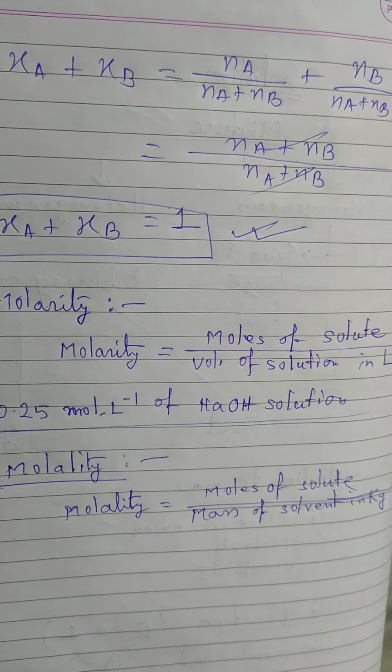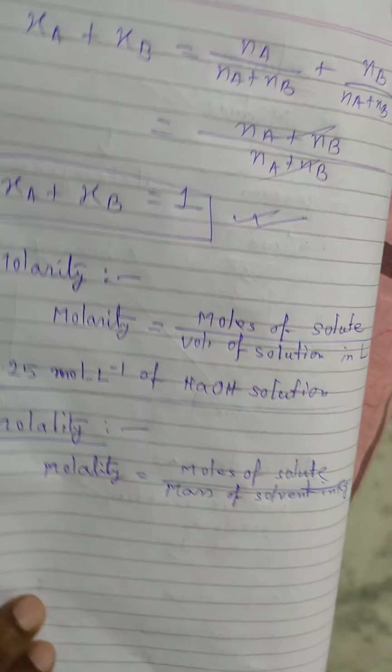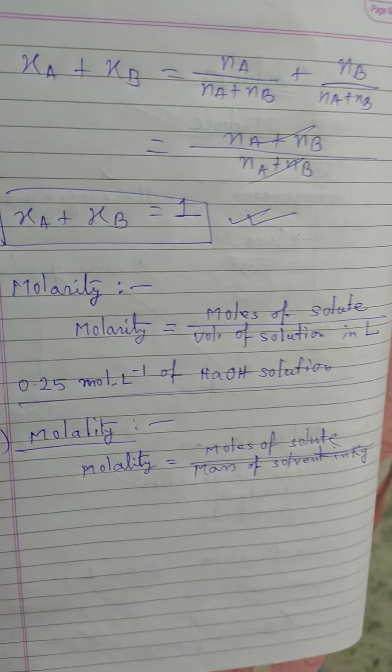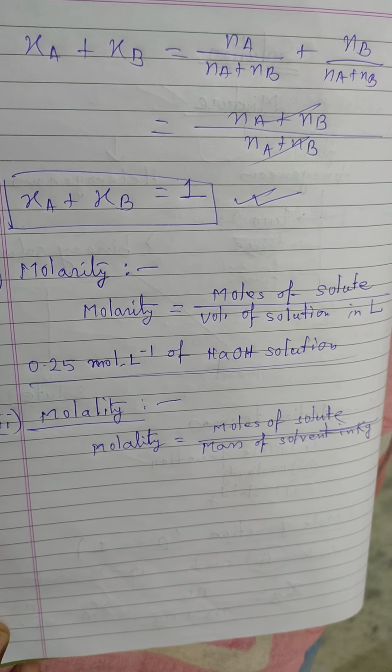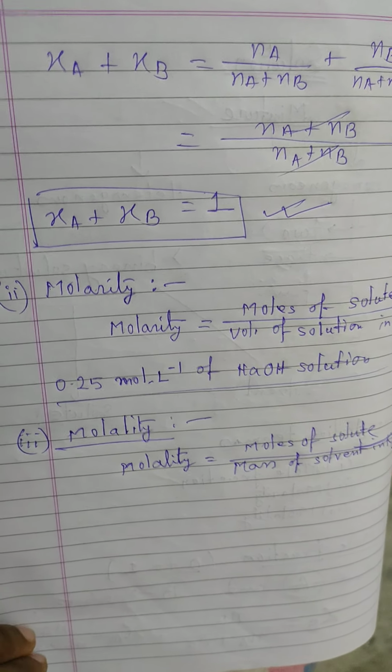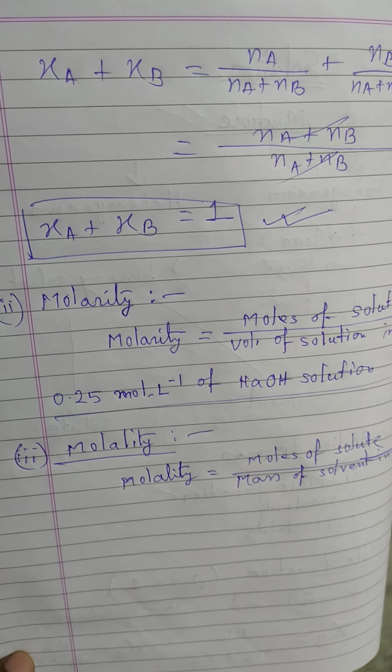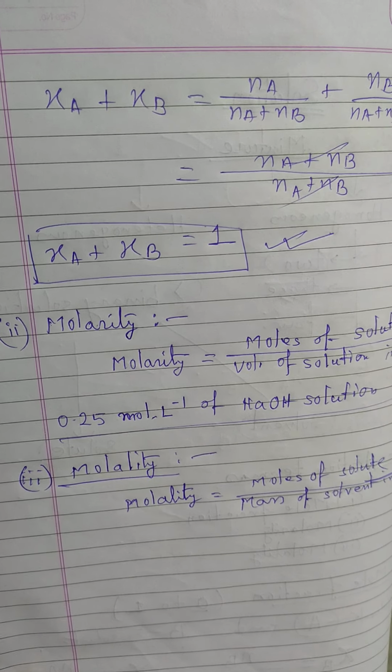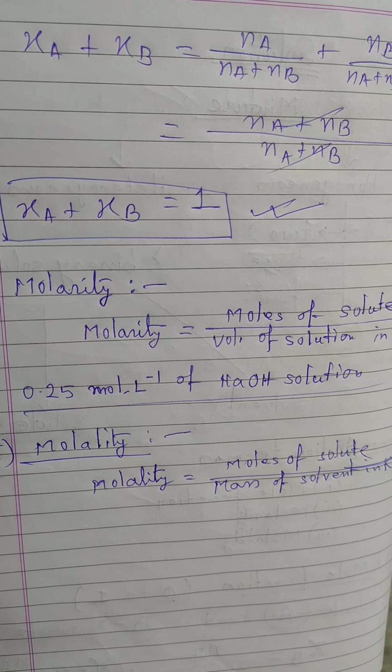Is it clear? It will be defined as the number of moles of solute present in 1 kg of the solvent, or the number of moles of solute that can be dissolved in 1 kg of the solvent.